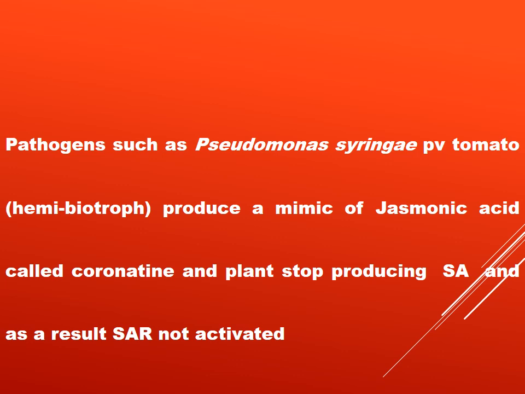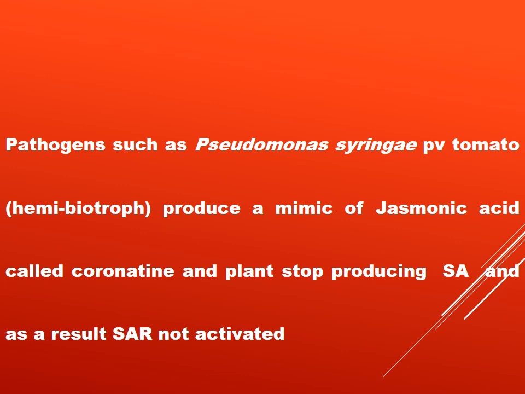And systemic acquired resistance is not possible without the production of salicylic acid. And we all know that the relationship of salicylic acid with jasmonic acid is an antagonistic one. It means if there is more production of jasmonic acid, then there is less production of salicylic acid.